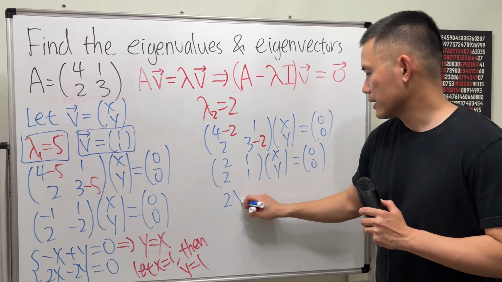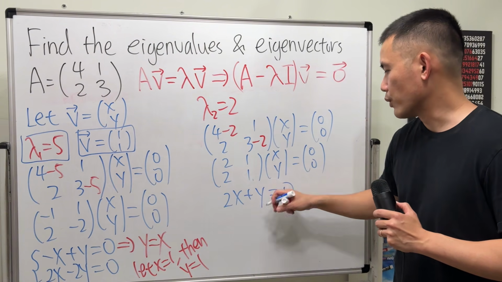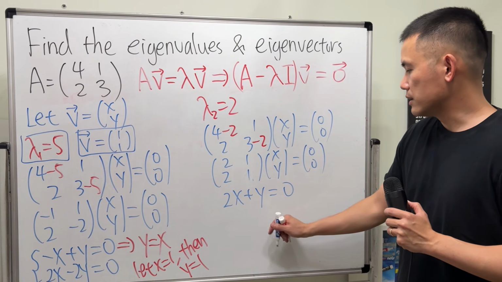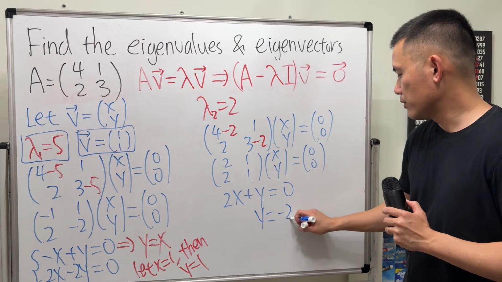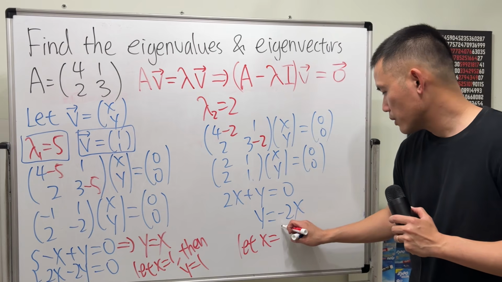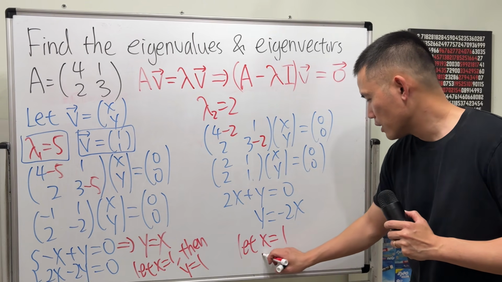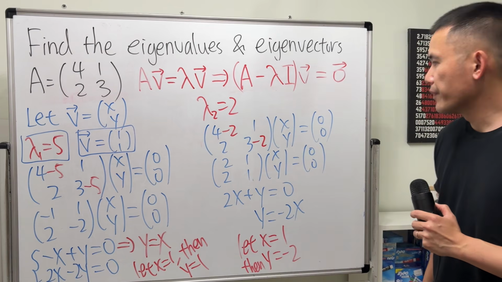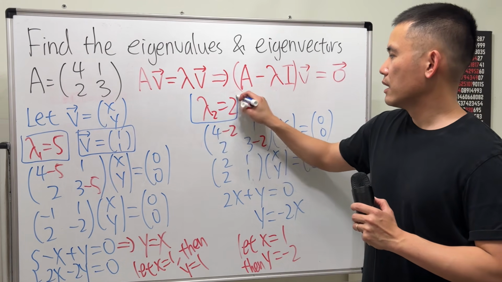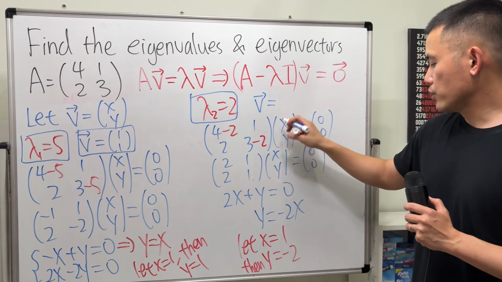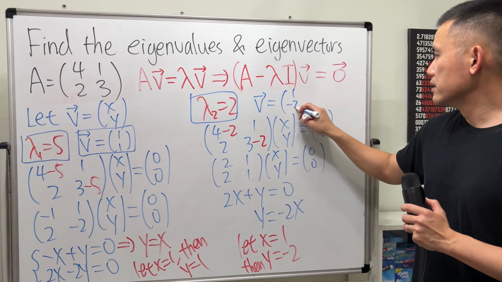And you see that's 2x plus y equals 0. Of course, it's the same equation for both rows, so you don't have to write it down again. Here you can see that y is equal to negative 2x. And I can say, let x equal 1, then correspondingly, y would be negative 2. So when lambda is equal to 2, our corresponding eigenvector is 1, negative 2.